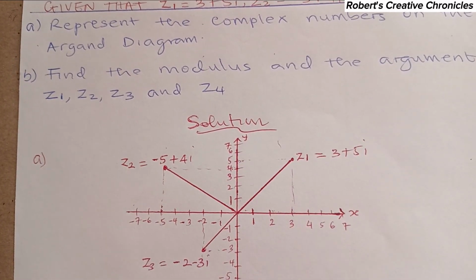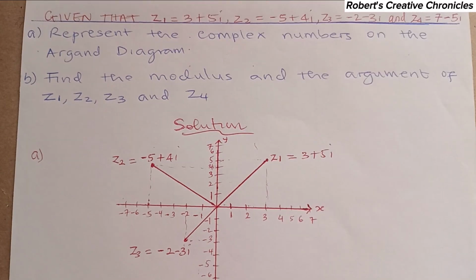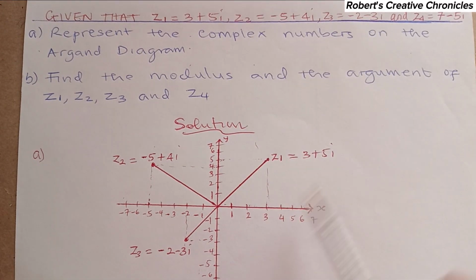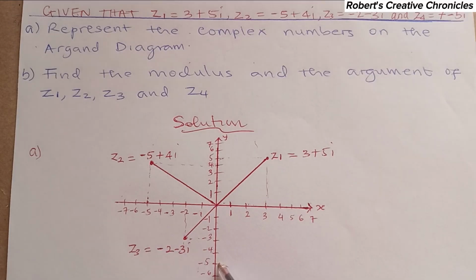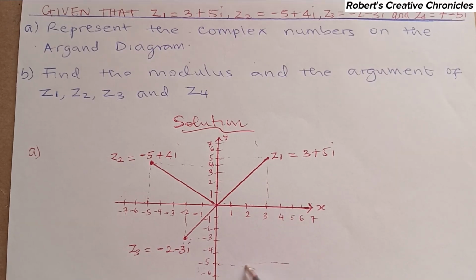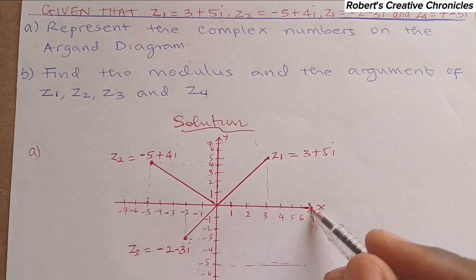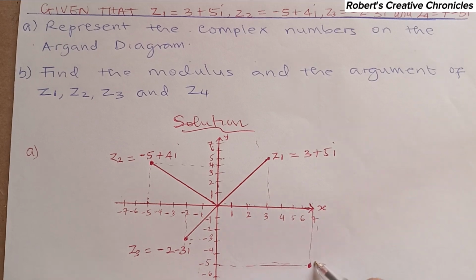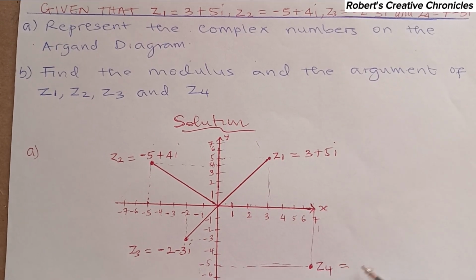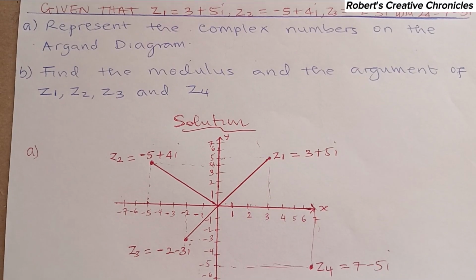Then the last one, z4. The x component is 7 here, and the y component is negative 5. So here is z4, equal to 7 minus 5i.